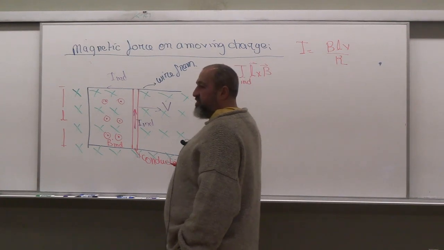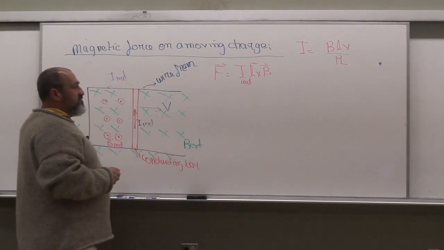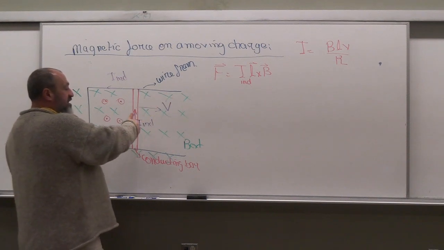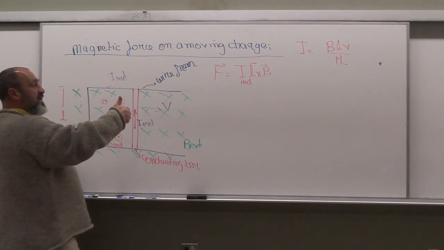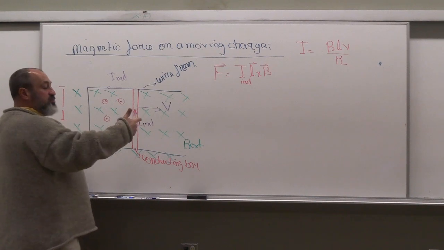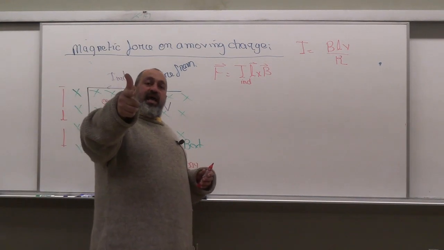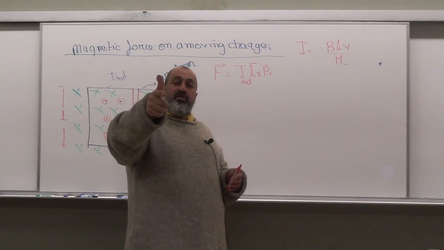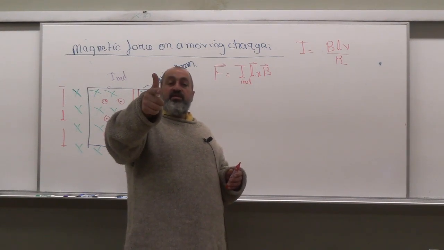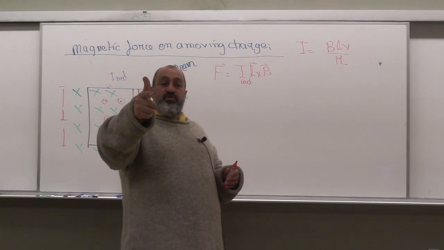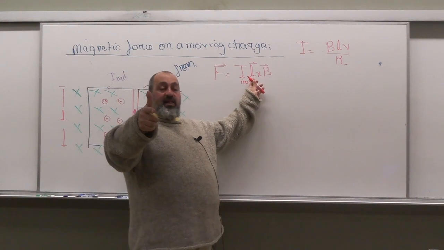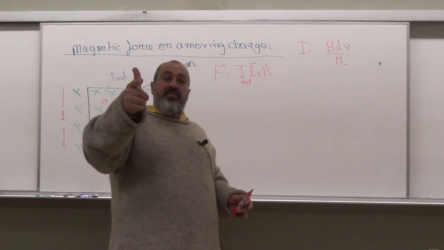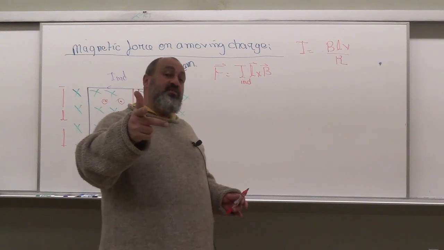Let's think about the force that we have to apply. So which way is the force? Well, I is this way. The L points in the direction of the current, so L is this way. B induced is up, B external is into the board, so do the cross product, L cross B. The index finger points along the direction of the first vector in the product, which is L. B is along the middle finger, and the thumb gives you the cross product, which in this case is the force.